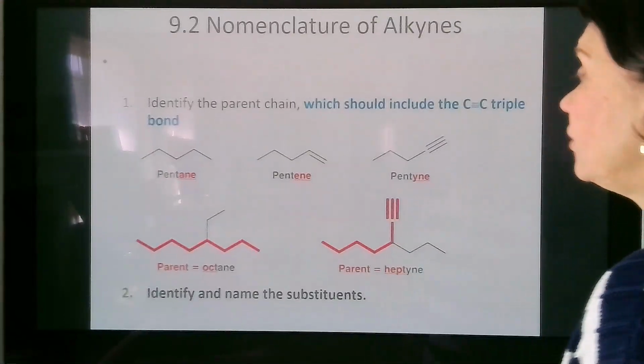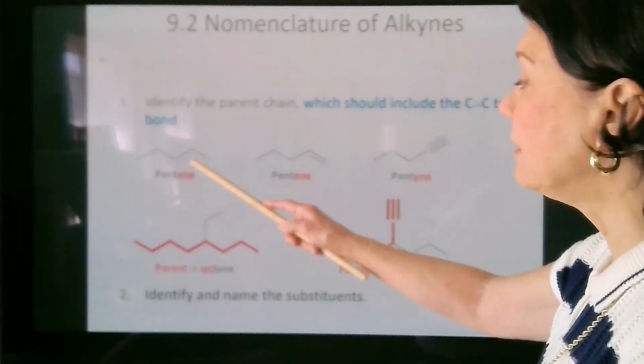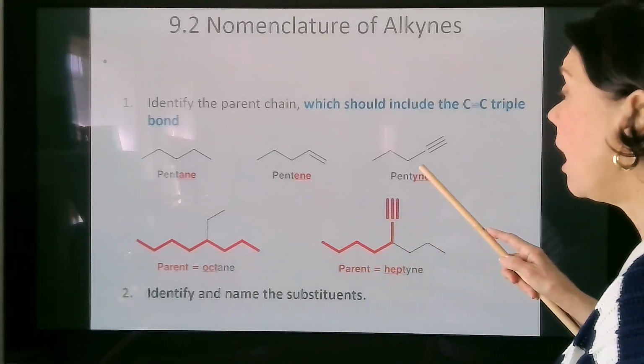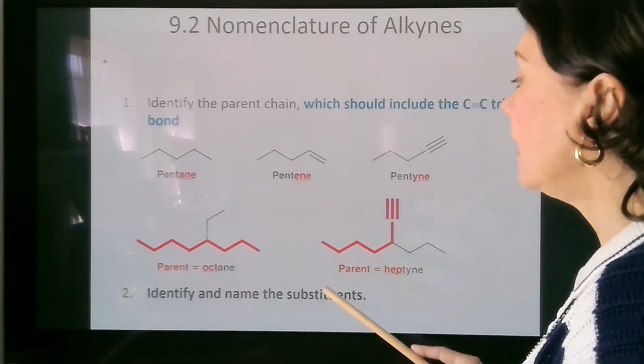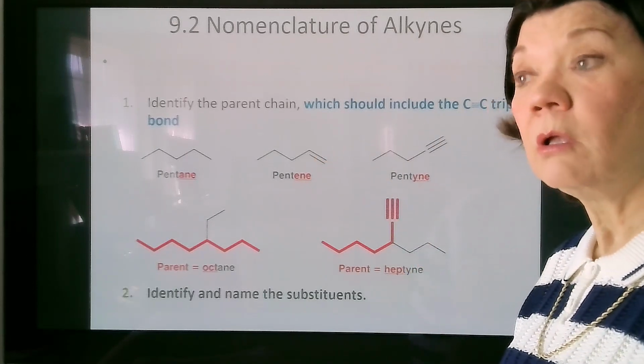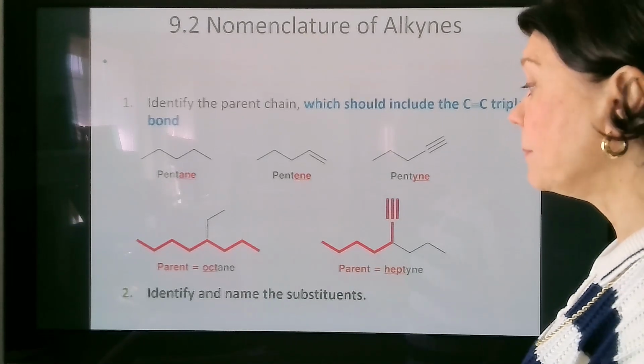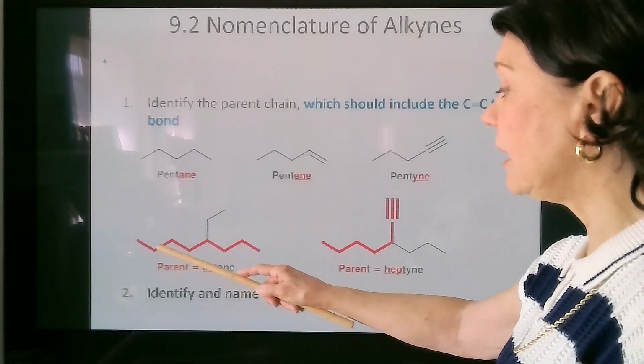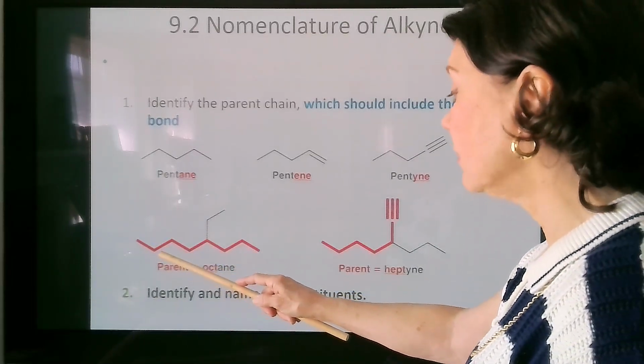So here's some examples. For example, pentane, pentene, pentyne, and in both of these cases, the functional group is at the terminal position. Here you can see that this is a comparison.